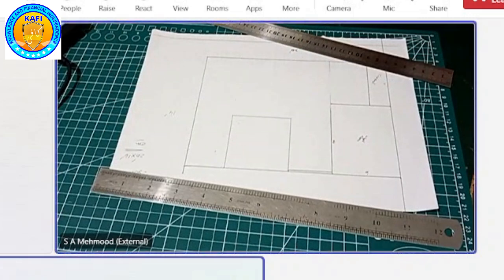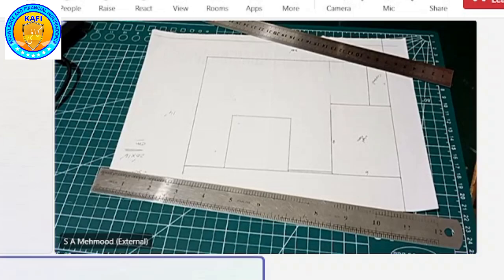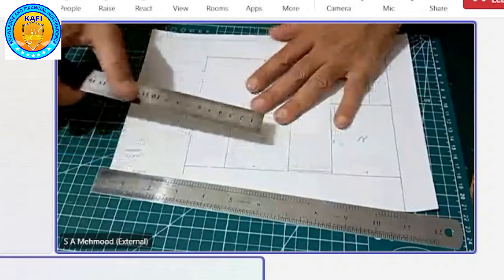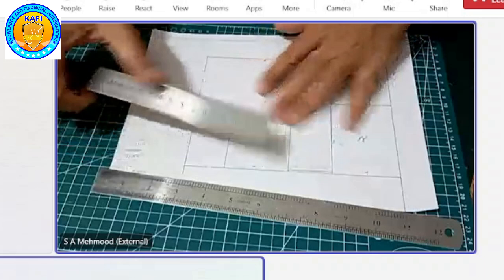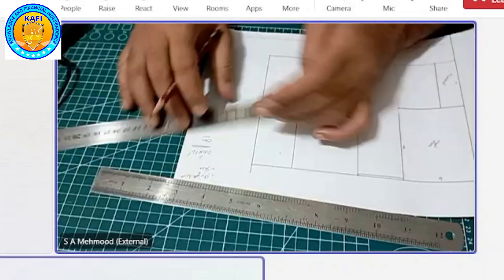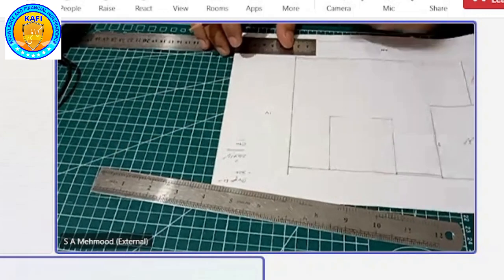Okay. What was next to bed? How much space do I have after the bed? I should have 4 feet. And it is about 4 feet. Okay? And I am just going to put a mark at 2 feet for the cupboard in the room. Okay? And I can put a mark here as well for 2 feet.